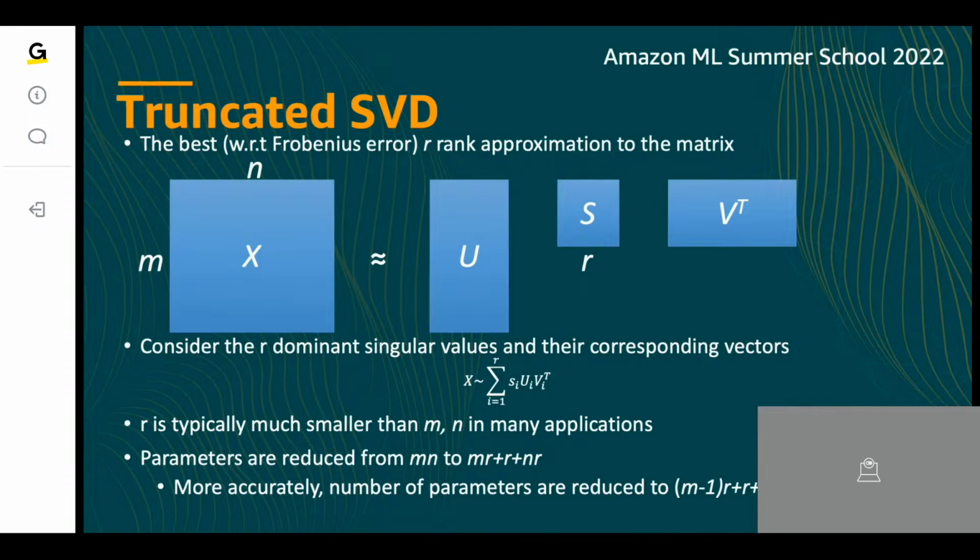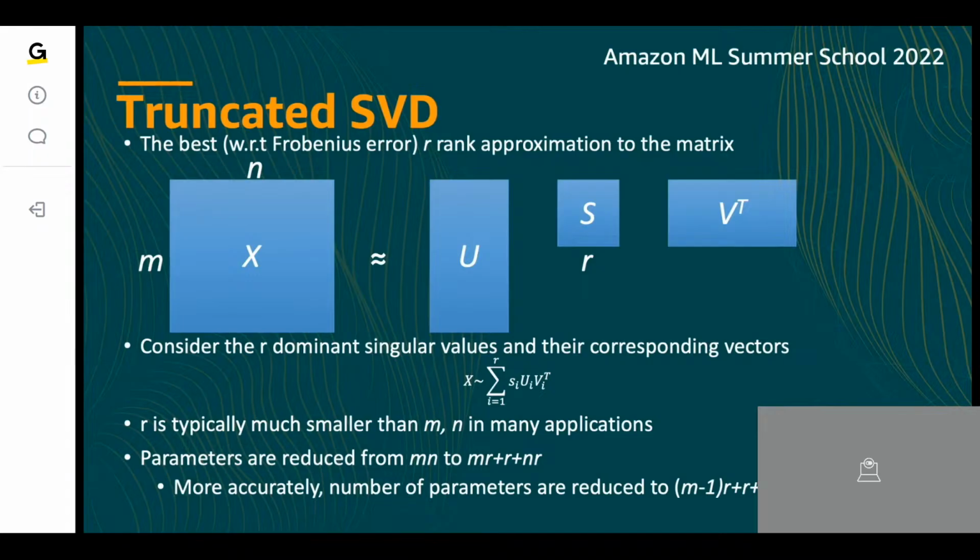So you have an m cross n original matrix X, which gets represented in terms of an m cross R, an R cross R, and an R cross n matrix. And typically R is much smaller than m and n in most applications. So that's why you can count the number of parameters that exist. There are m times n parameters here.